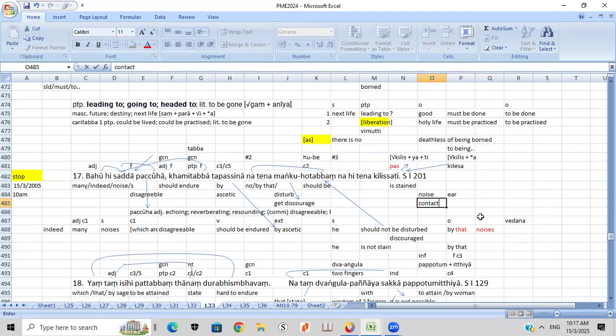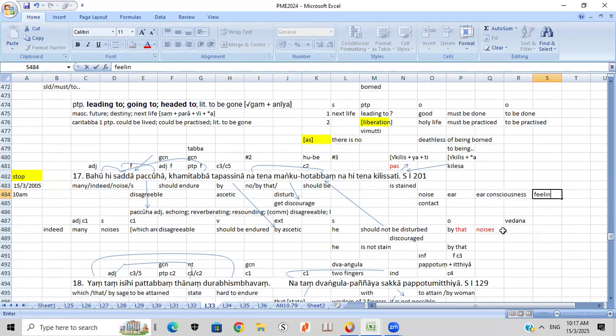Even in Abhidhamma or in Sutta also it's contact. Then ear consciousness arises. After ear consciousness arises, what will happen? There will be feeling, Vedana.